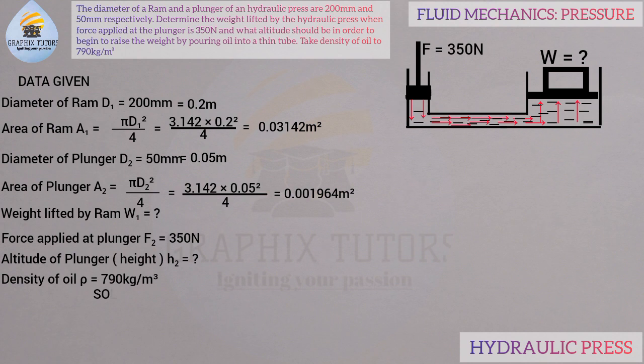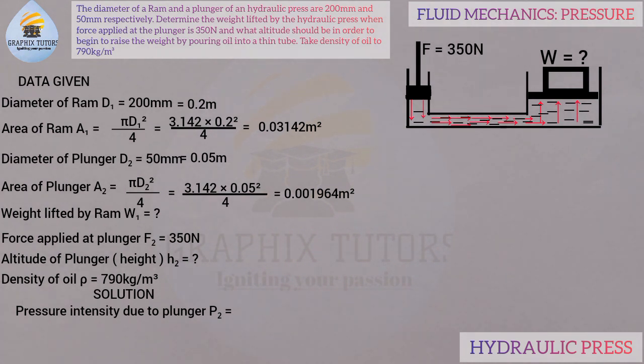That's the density here. So now let us write this out. We know very well that the pressure intensity due to the plunger is given by P. Since we're talking about the plunger, I'll be using subscript 2 to signify the pressure of the plunger.